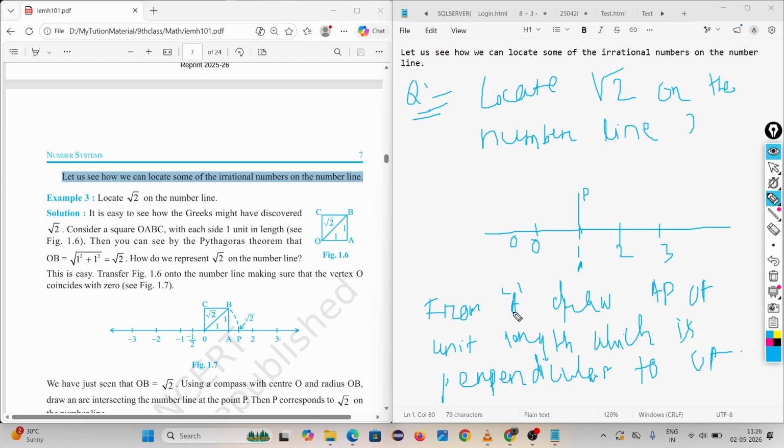First line you wrote: make a point A which represents 1 on the number line. Second, from A draw AP of unit length which is perpendicular to OA. Then write: join OP.